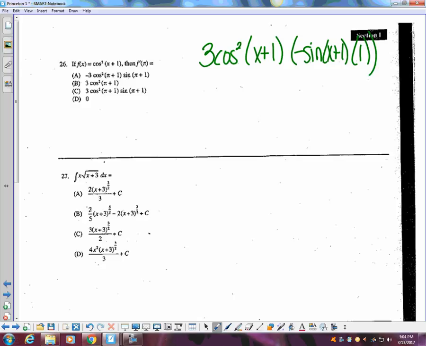And that's why putting that power way outside might help. Almost caught me on that one. All right, I'm not cleaning this up. I'm plugging in a pi. Well, yeah, okay. So negative 3 cosine squared of pi plus 1 and a sine of pi plus 1.